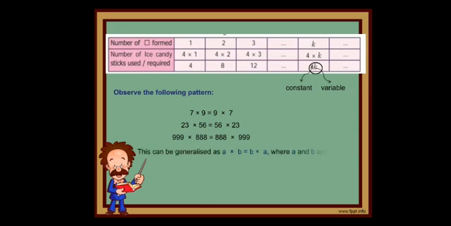Here the pattern is A times B is equal to B times A. If you multiply any numbers A and B, that will be equal to B into A. So A into B is equal to B into A, where A and B are variables. For A and B you can take any number.